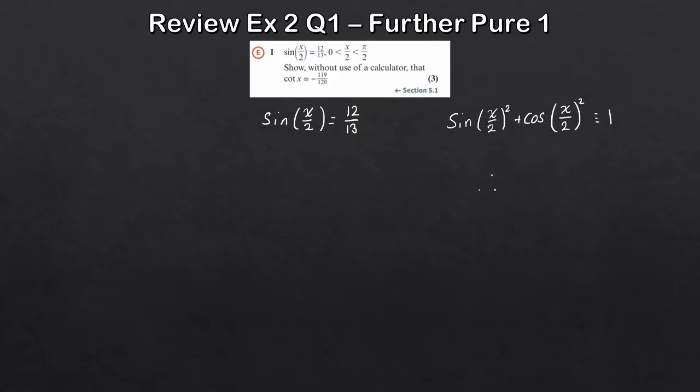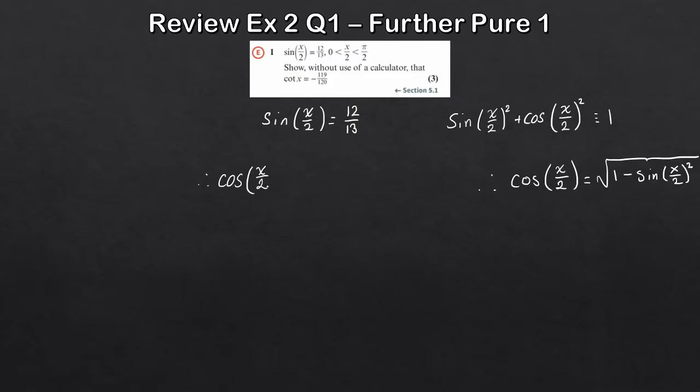So therefore, cos x over 2, what will that be? Well, that'll simply just be the square root of 1 minus sine x over 2 squared, just by subtracting sine x over 2 squared off both sides and then taking the square root. So we can use that now.